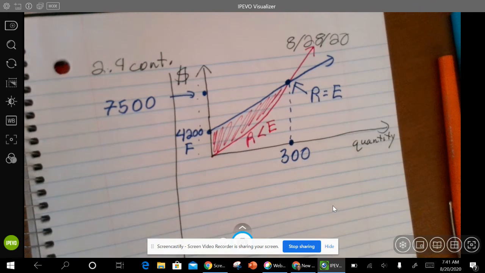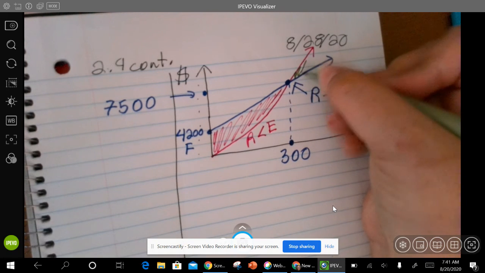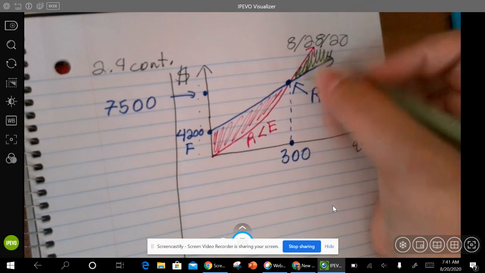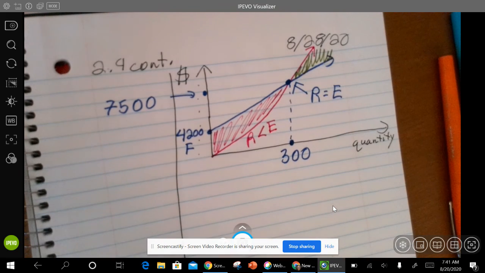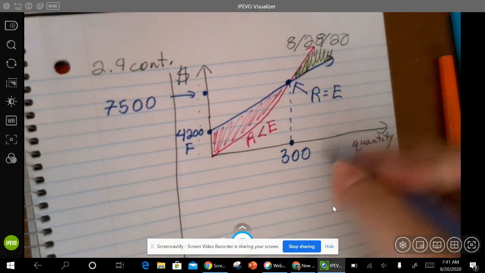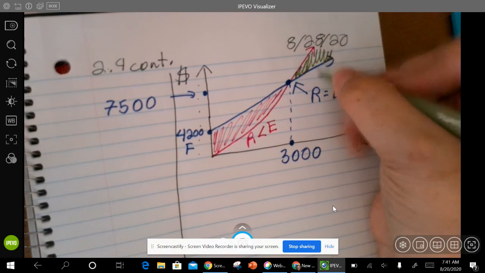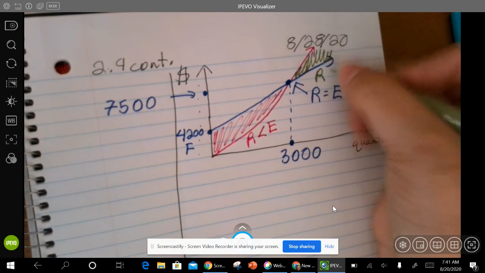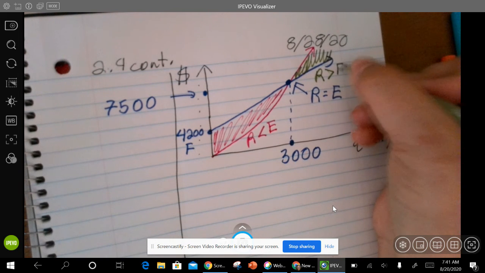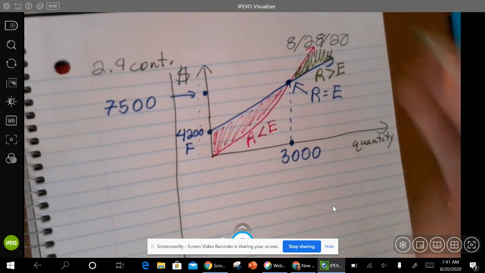Okay, and then for a profit, so if we sell over 3,000 widgets, then we're going to make a profit. So we'll be in the green. So let's say if you're in the red, okay.